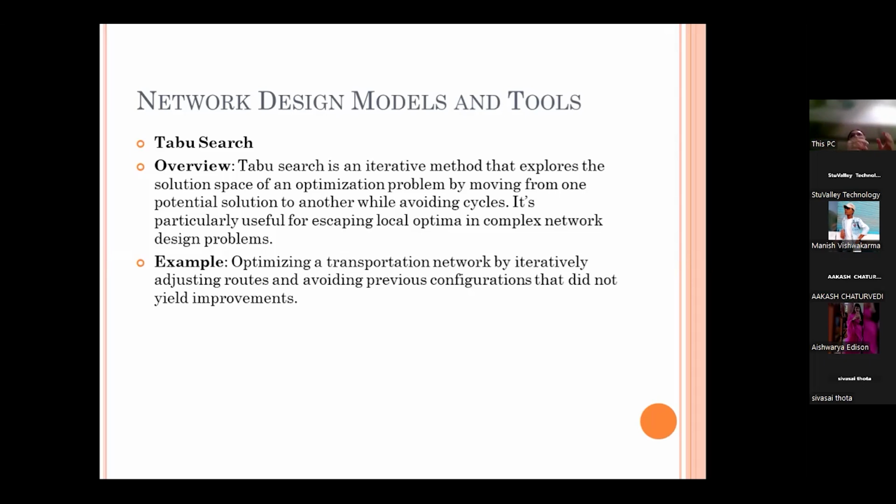So the efficiency, the improvement, the outcome will be closer to the expectations. This is where we are using taboo search, and this example is very trending nowadays, optimizing the transportation network. We can improve this day by day by avoiding the previous configuration problems and having the new one. So there we are using taboo search.